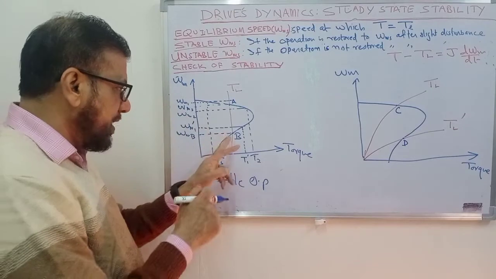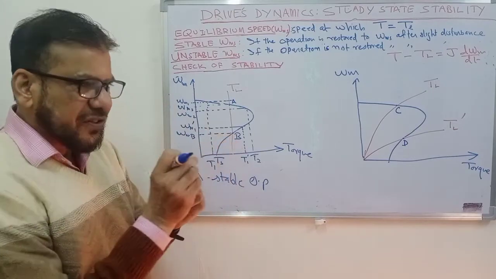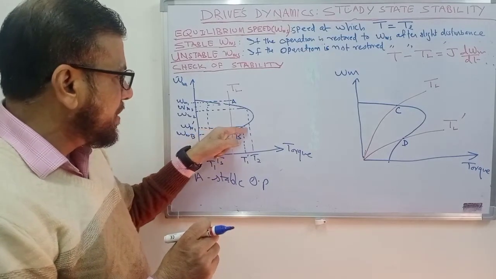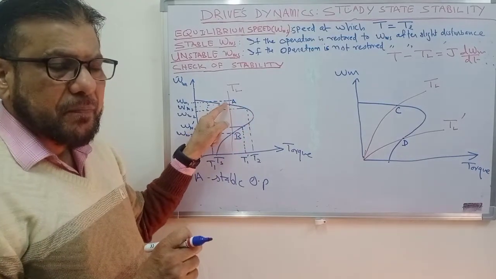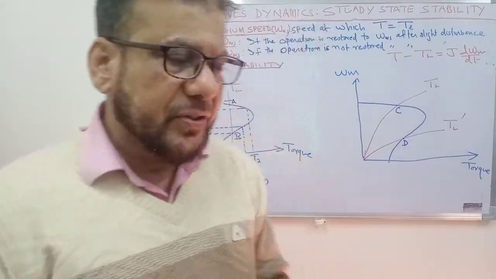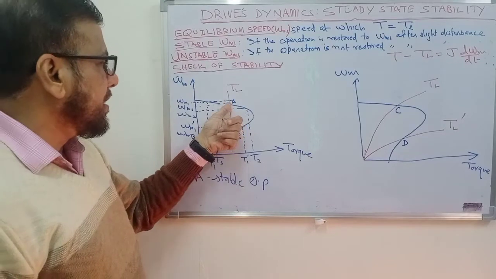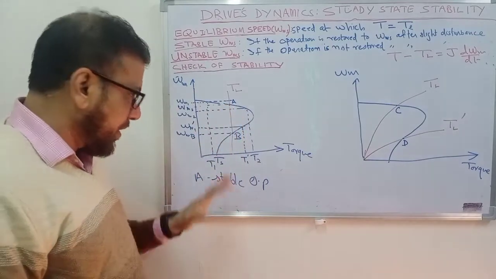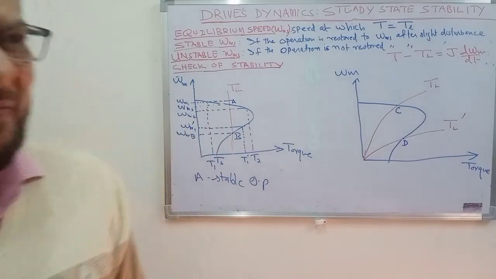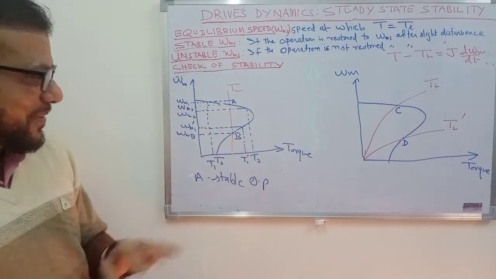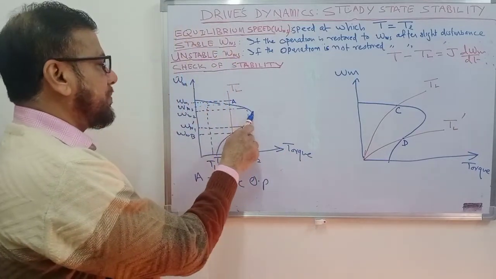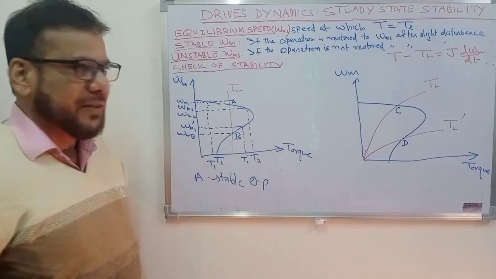So if you assume that the motor is operating here, any increase in the speed will cause the operating point to shift from B gradually to point A. And as A is a stable operating point, the motor will afterwards run continuously at operating point A. So you can say that this region is a stable region, this region is an unstable region.